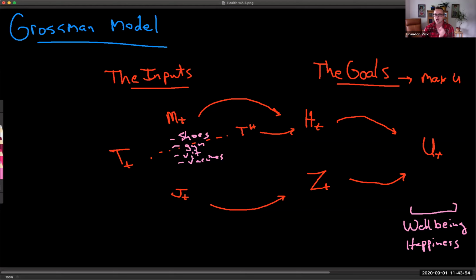So time is also a complementary input with the resources I'm using. Okay, so more time, and time can, even if I have less resources, if I put in more time, I'm going to get healthier. Okay, but these things go together. So time is used for health, and time, this overall time aspect, can be used towards those other things, right?